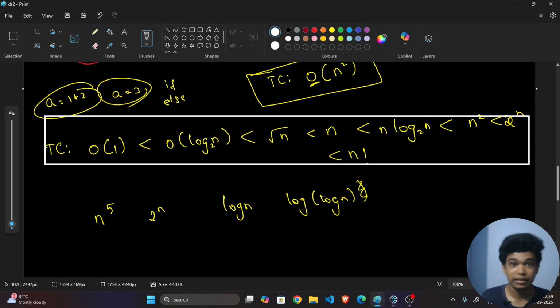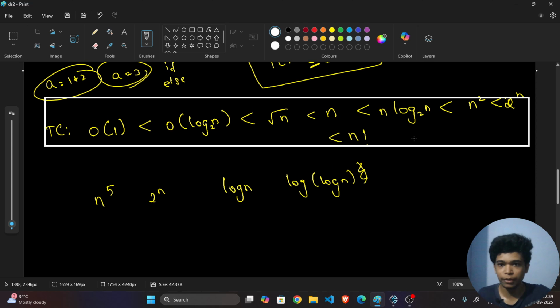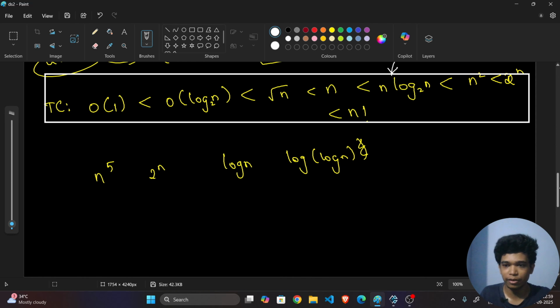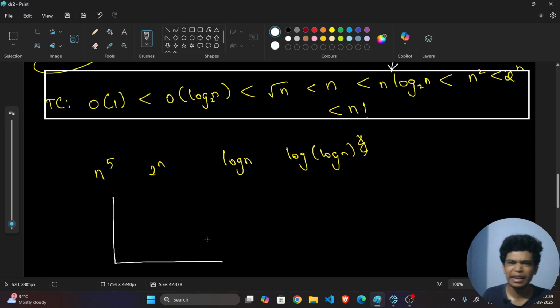Hope you understand this entirely. And I want you to do some homework: just see this graph. In Google, just search for time complexity graph. Then you can have some graphs like for O of n, this will be like this, and for O of 2 power n, like this. For n factorial, then it will be like this.